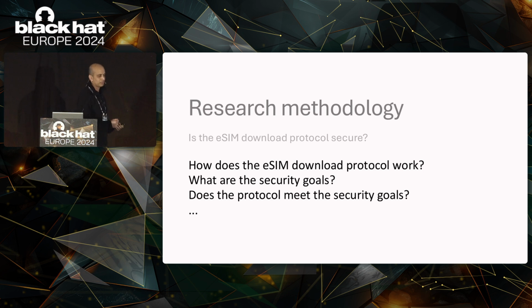What are the most critical, security-critical pieces of information in this protocol? What are the security goals? And how can we find the security goals of this protocol from the specification? Because in the specification, they are scattered in multiple places. And what are the assumptions for those security goals to hold? So we go through this journey in this process.